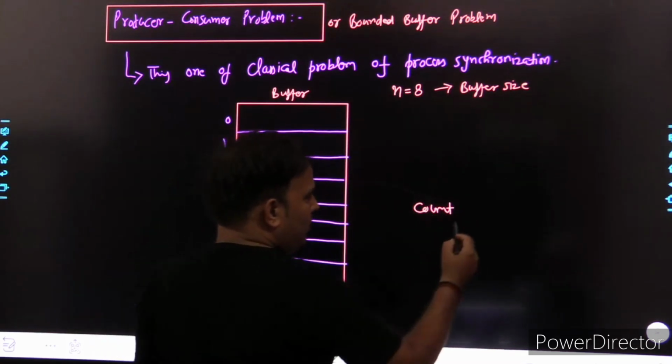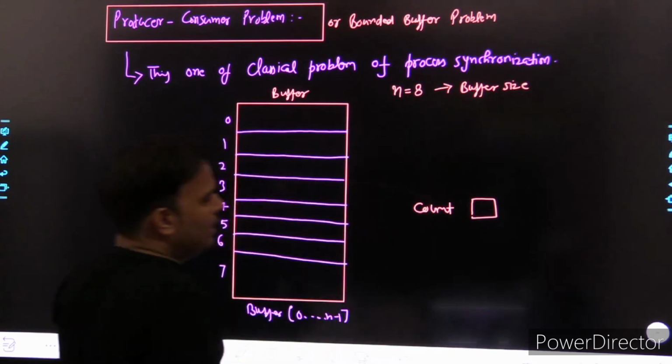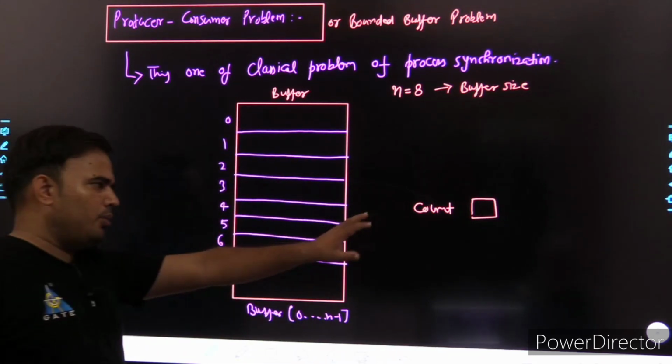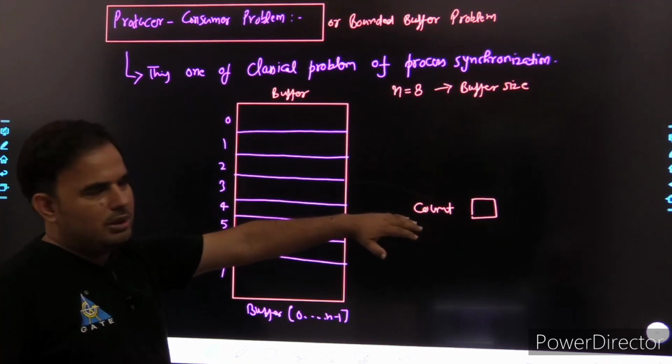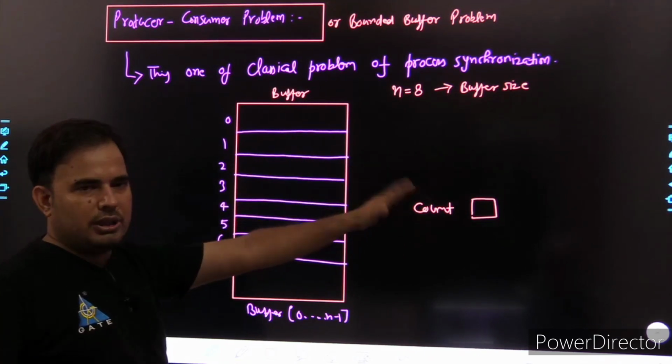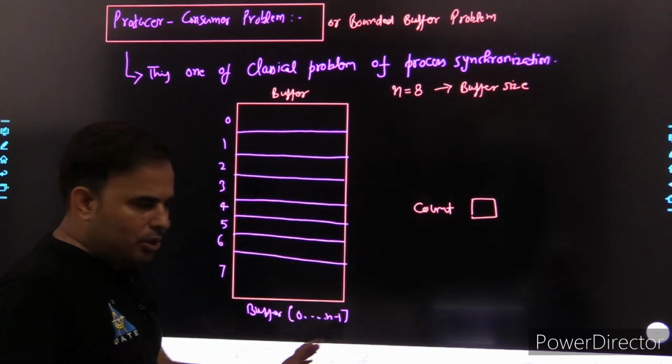Both producer and consumer share this count variable to know how many items are present in the buffer at a particular time.